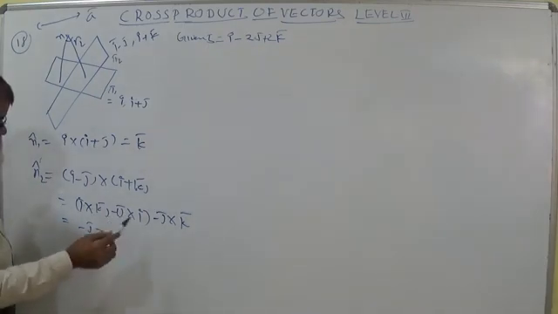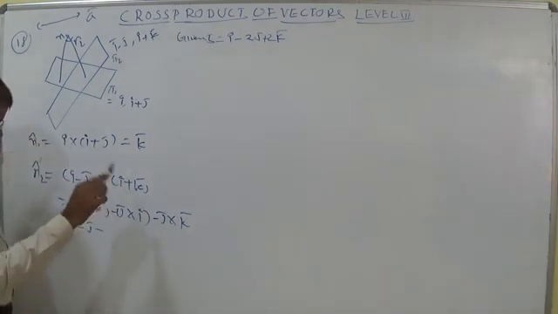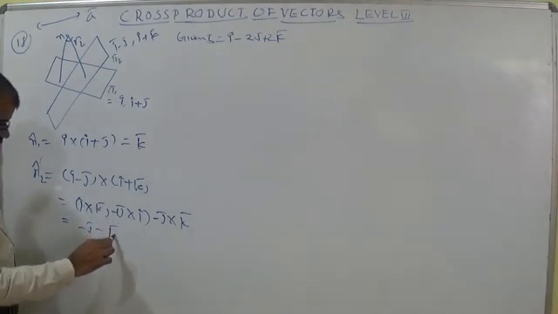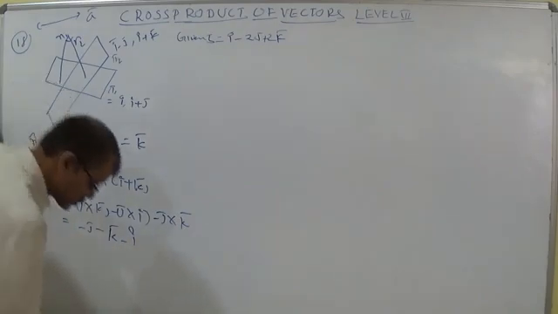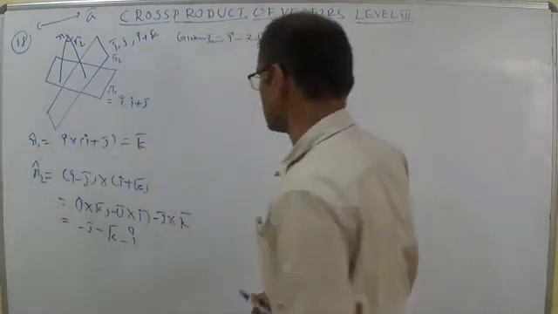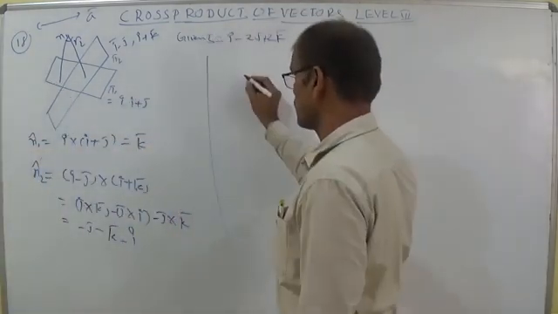Minus j cross i: j cross i is minus k, so this is minus k. j cross k is the original vector i bar. So minus j minus k minus i is there.